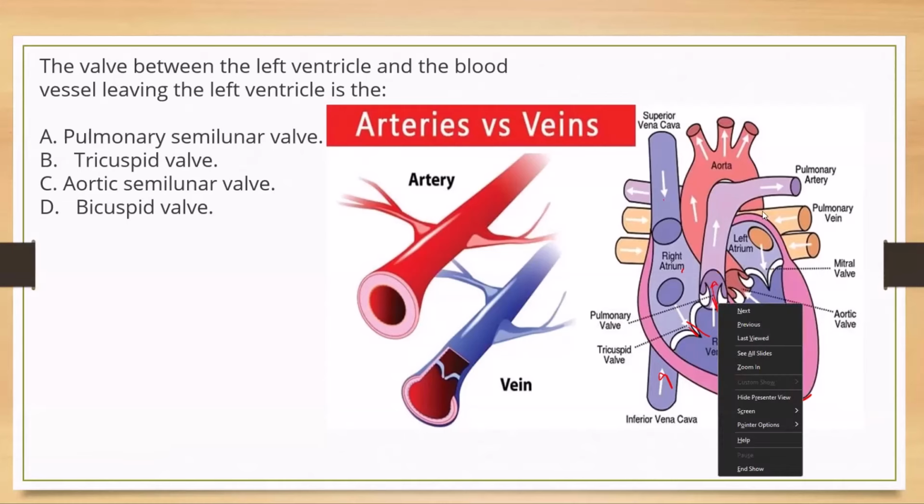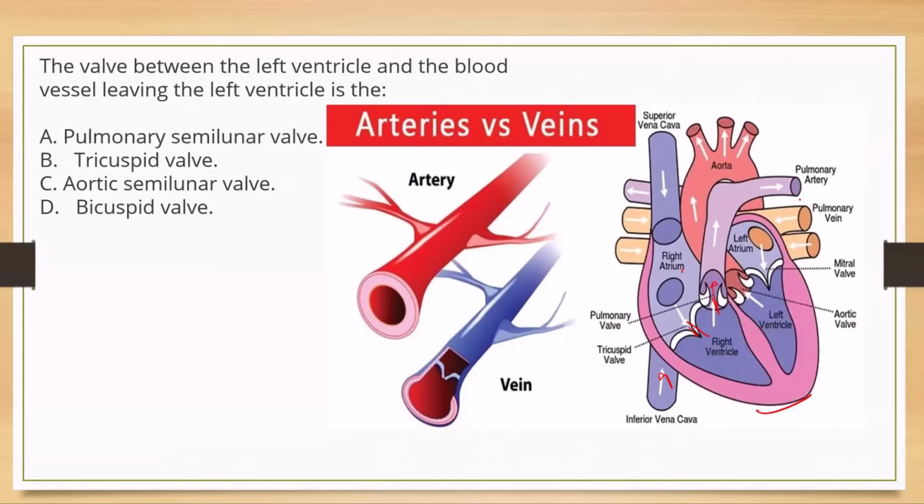Then the blood goes into the lungs and comes back again to the heart through the pulmonary vein, which enters the left atrium and then passes through a valve into the left ventricle. Now the valve here is called what? The mitral valve. Then from the left ventricle, the blood, which is oxygenated, right? Moves into the aorta through a valve called the aortic valve.